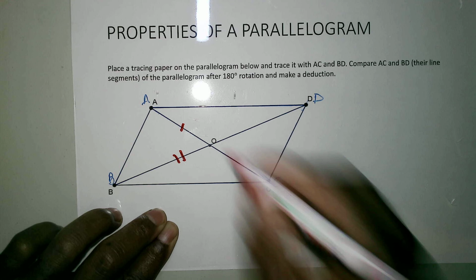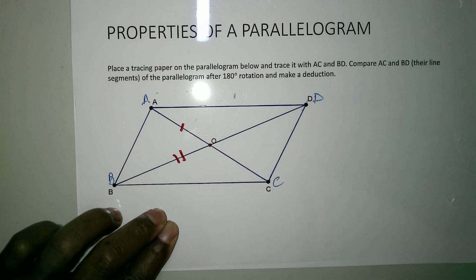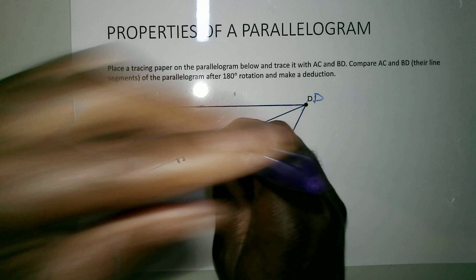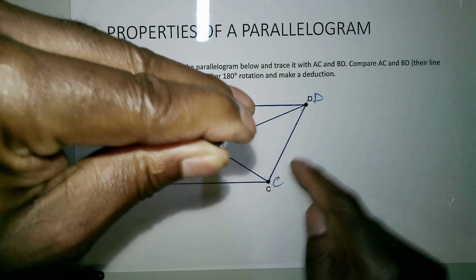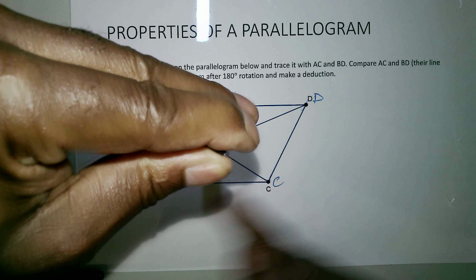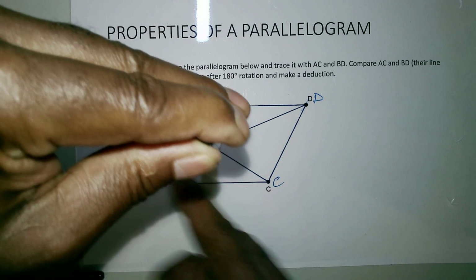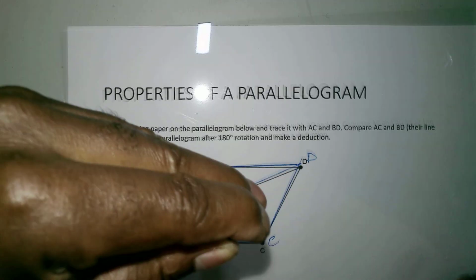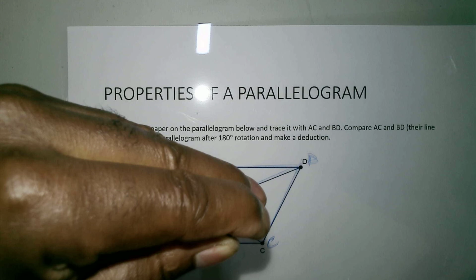Now let's look at the marking of the diagonals. Now we have got AO on paper.